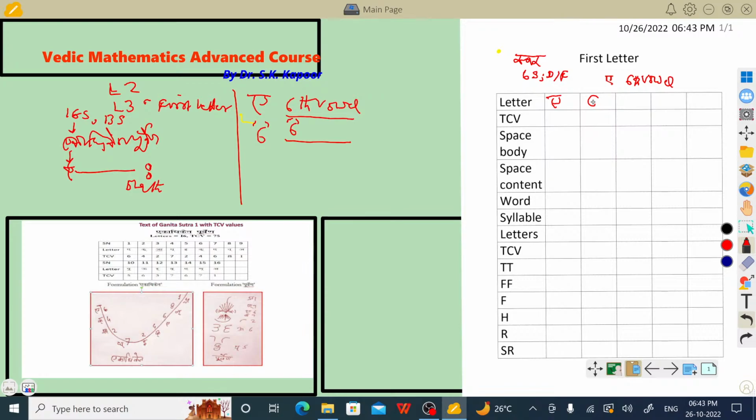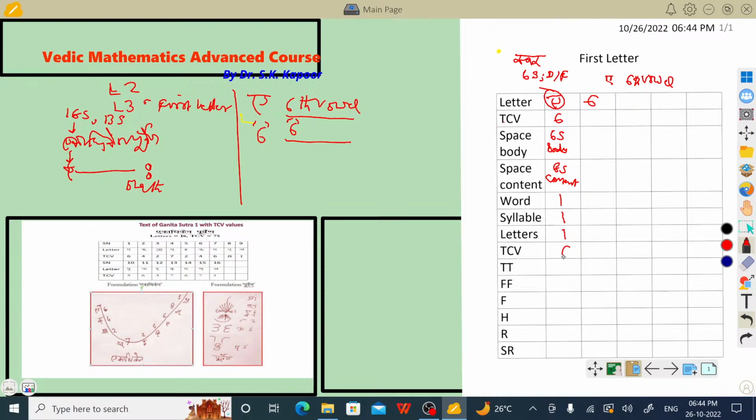It has a 6-space content. It has a word, A as a single letter word, so it has value 1. This word is having single syllable, so 1. It is a single letter and as such it is 1. Its TC value is 6.